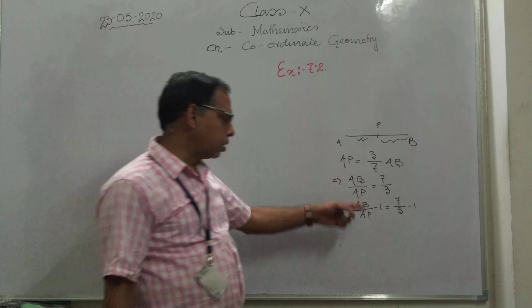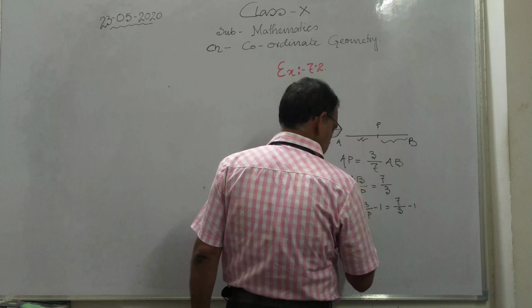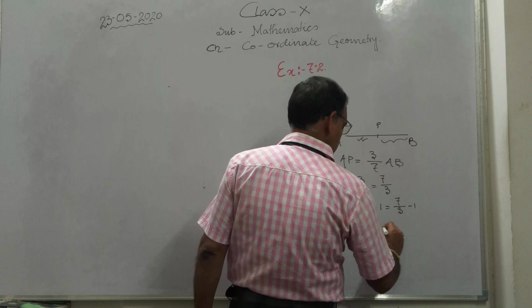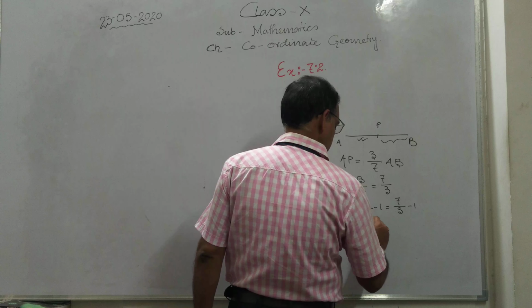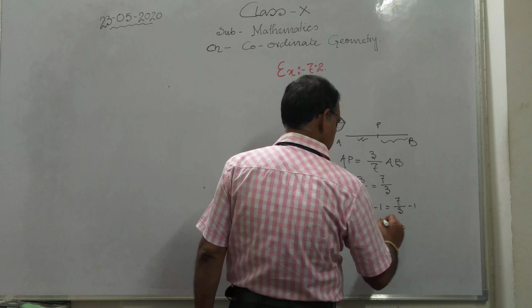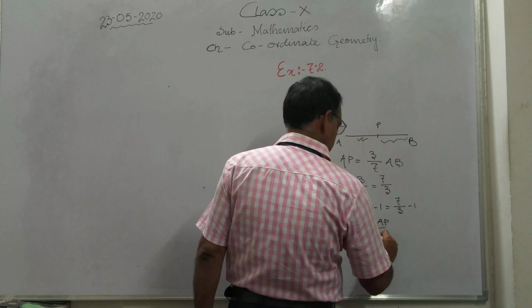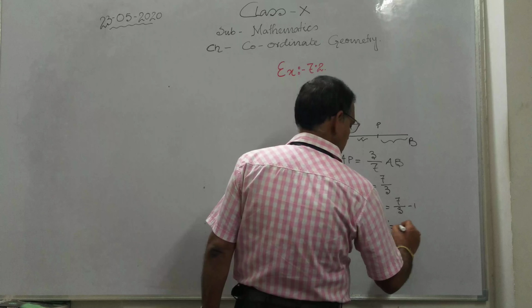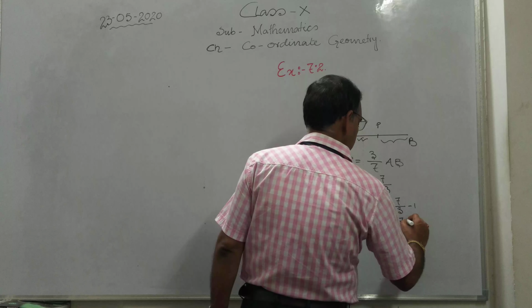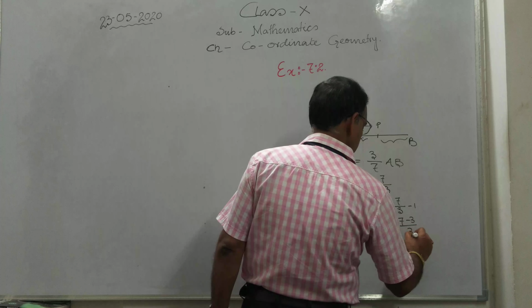So we subtract the same thing, and that's why there will be no change. So then what happened? AB minus AP divided by AP equal to 7 minus 3 divided by 3.